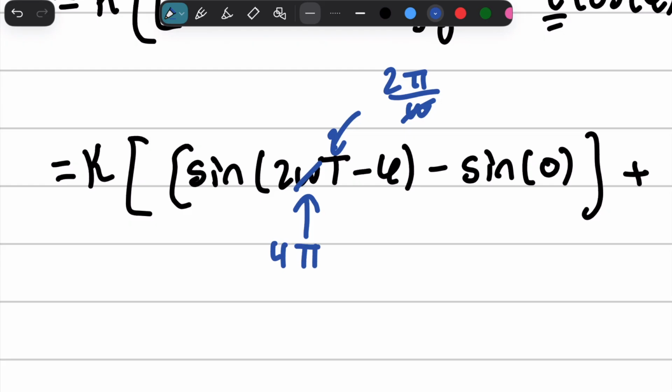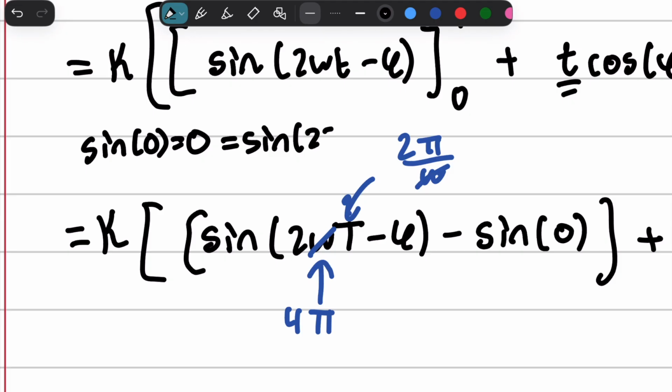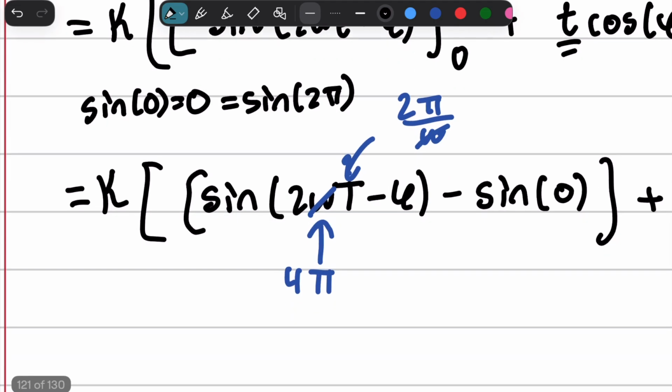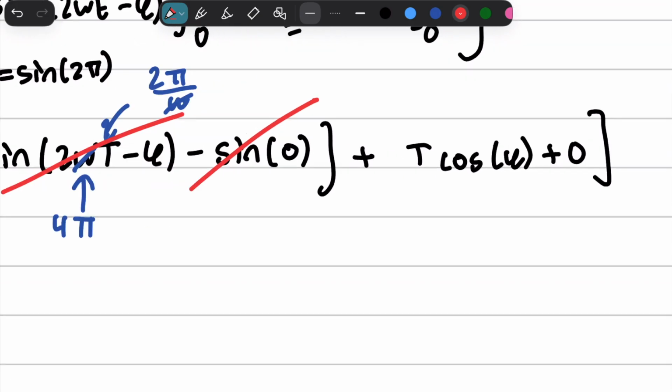Now, what do we know about sine? Well, sine of 0 is 0, and so is sine of 2 pi. Any even multiple of pi is just going to be 0. So this guy right here cancels out to 0. This guy cancels out to 0. So what are we left with?